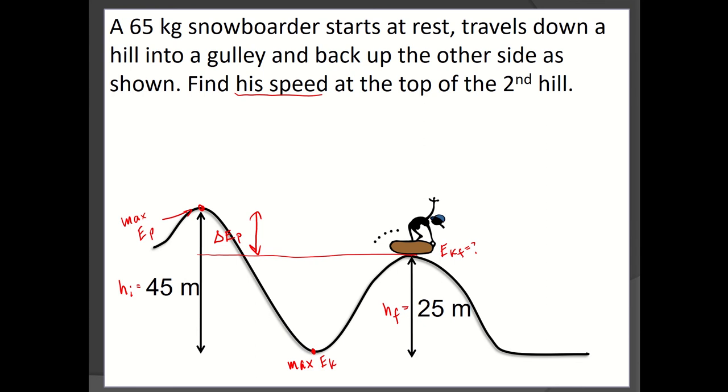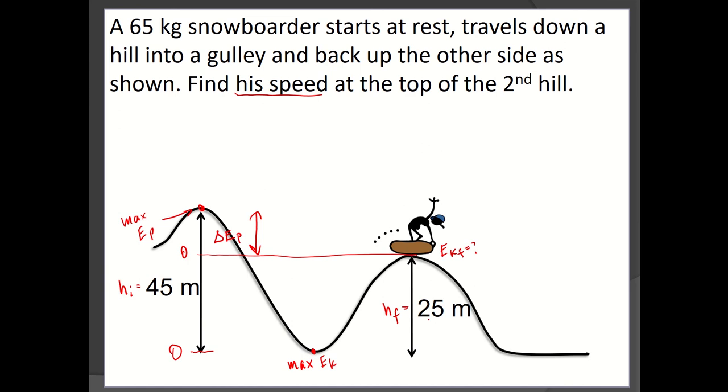For example, if you say that this is your 0, that means that at this point you have 0 kinetic, only potential energy, and at this point you're going to have 0 potential energy and all kinetic energy. Whereas if you make this your 0, you're going to have a mix of energies. Here you only have potential energy, 0 kinetic, but at this point you can have both potential and kinetic energy.